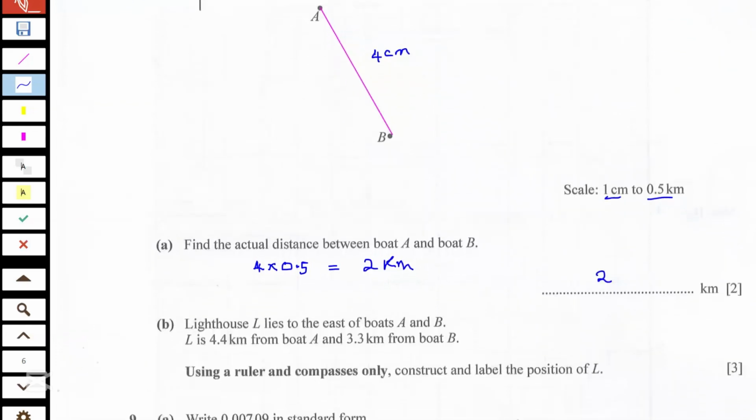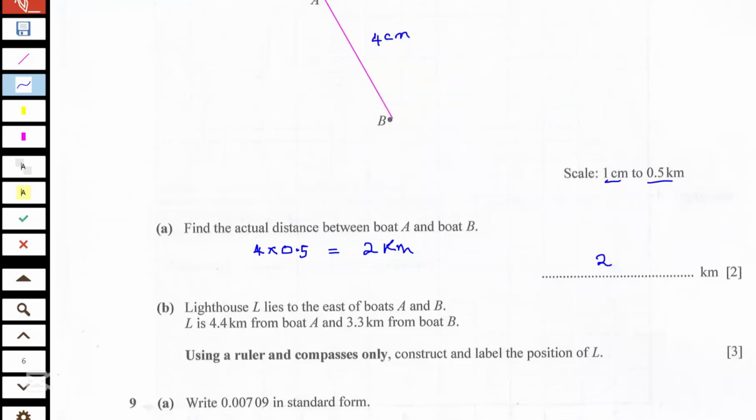Now, the next question says, lighthouse L lies to the east of both A and B. L is 4.4 kilometers from A and 3.3 kilometers from B. Using a ruler and compasses only, construct and label the position of L. Okay.